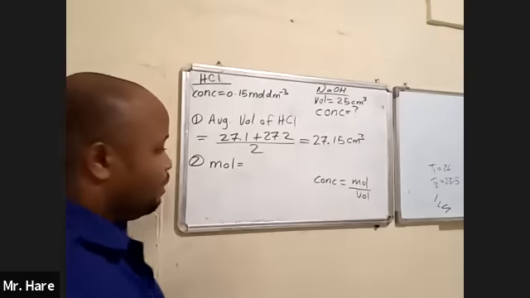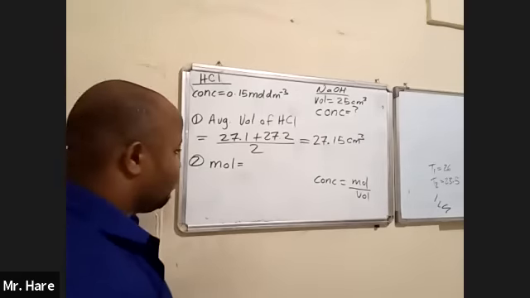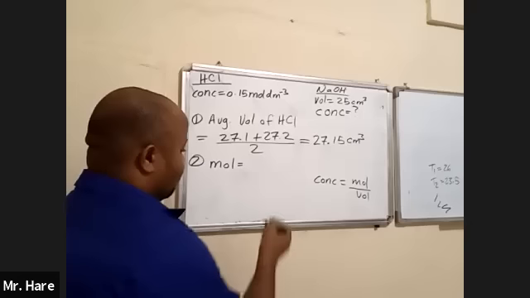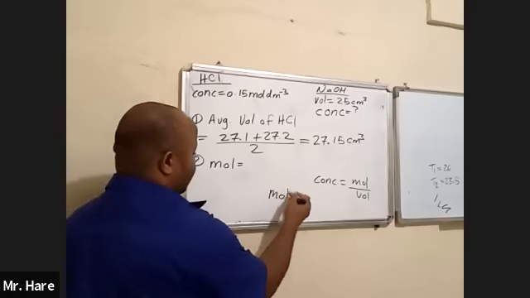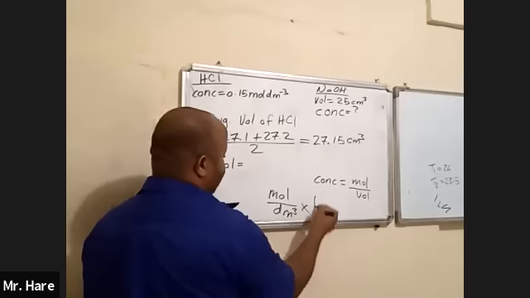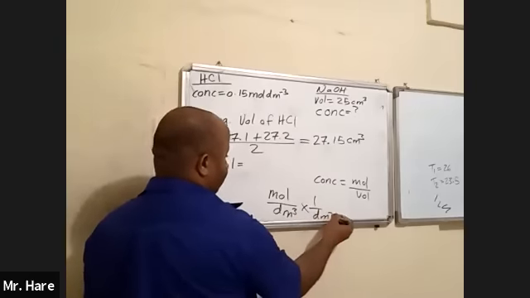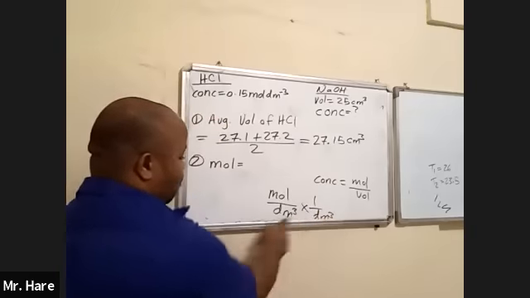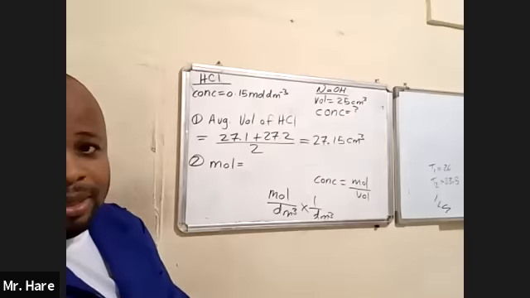So the volume is at the bottom, mole over dm cube. If you divide by dm cube, that means mole over dm cube multiplied by 1 over dm cube, so they wouldn't be able to cancel.